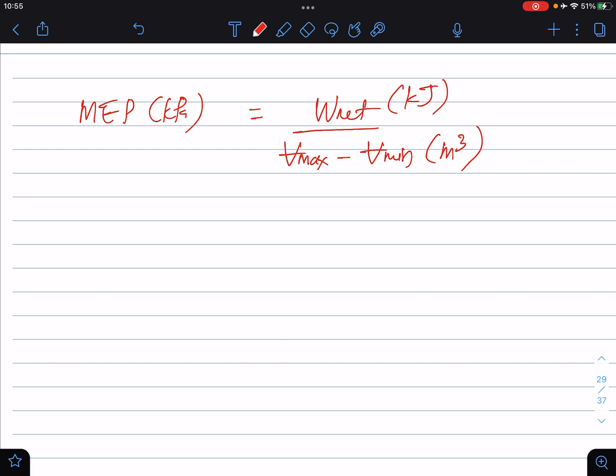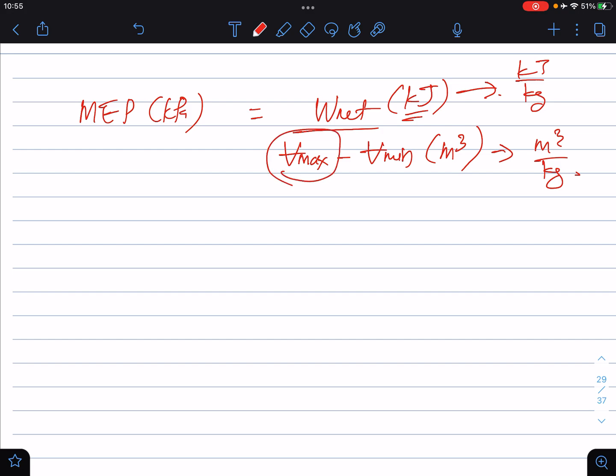If the upper one is in kilojoule per kilogram, which is small w, the bottom one you must use in meter cube per kg. So I will use the first one since we already calculated the kilojoule.